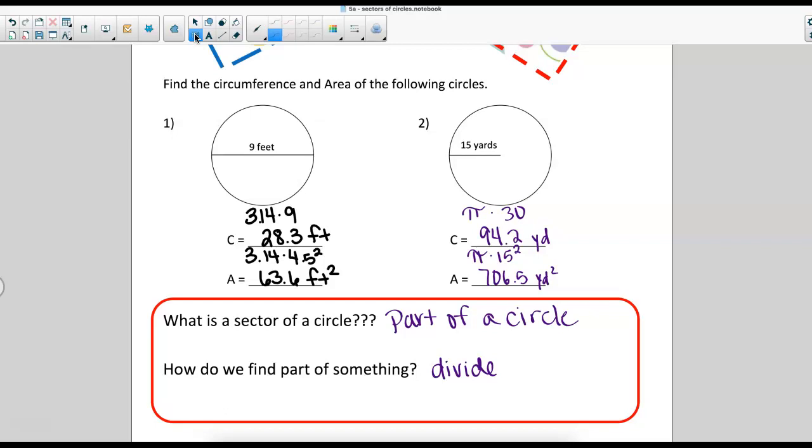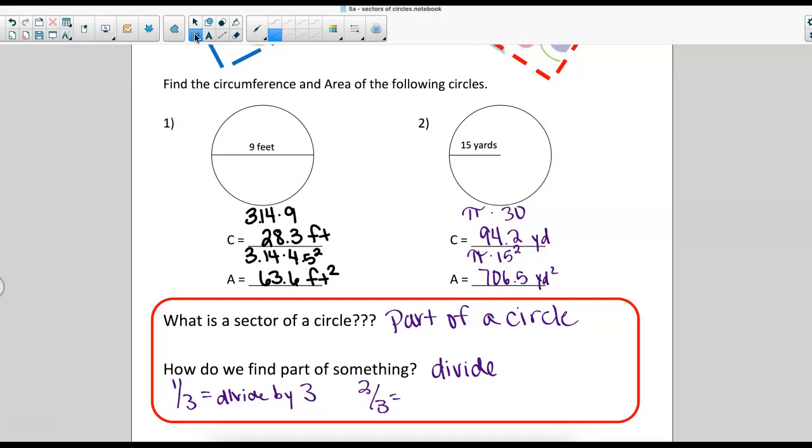Maybe it's 2/3. Let me ask you this. To find 1/3, we would divide by 3. What if it was 2/3? What would we do then? Ellie? Not divide by 6, because that would give me a 6th.